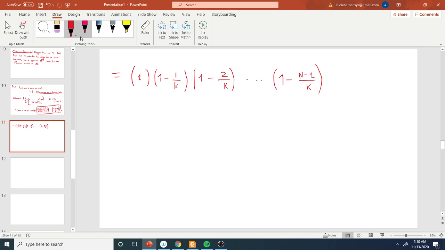And now again, we're going to use the fact that e to the negative x is greater than or equal to 1 minus x.